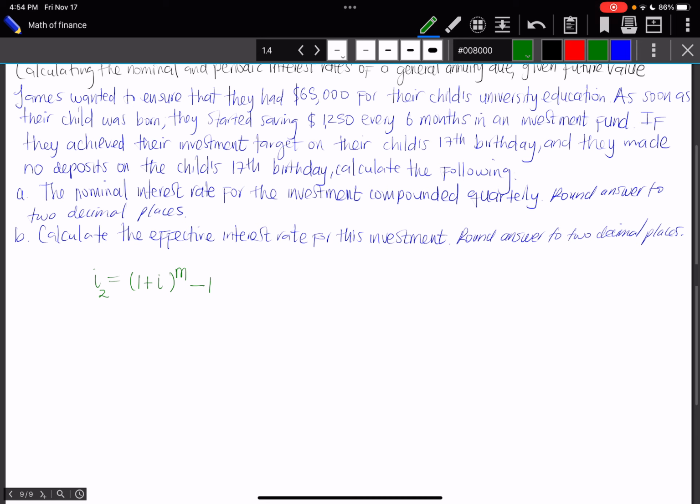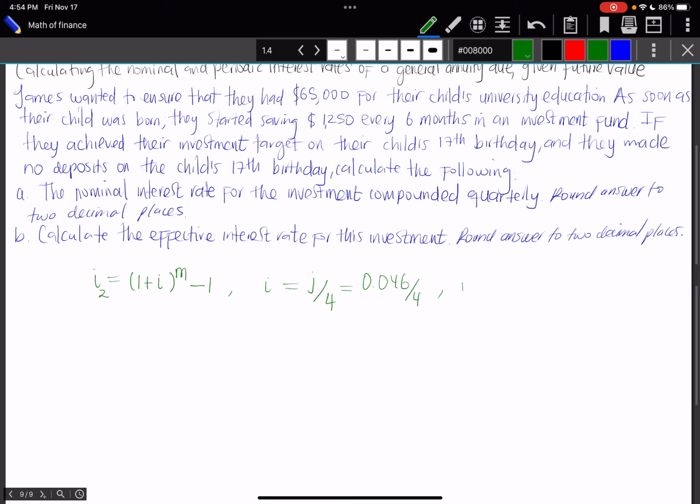So here I is J divided by 4 in this case, because interest is getting compounded quarterly. So we have 4.6%, in other words, 0.046 divided by 4.